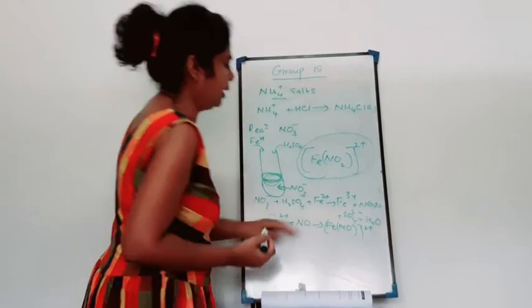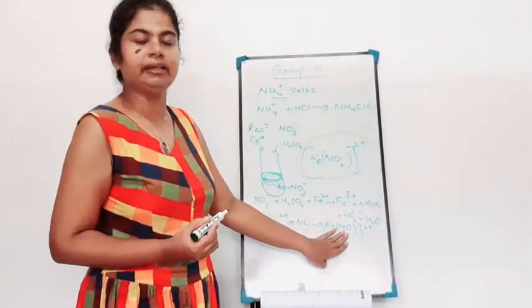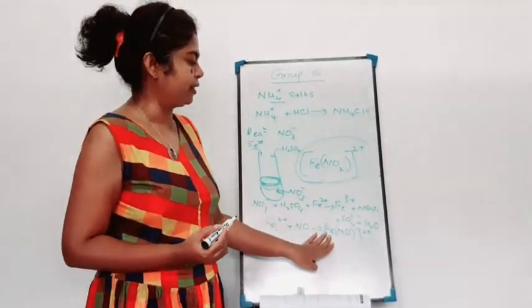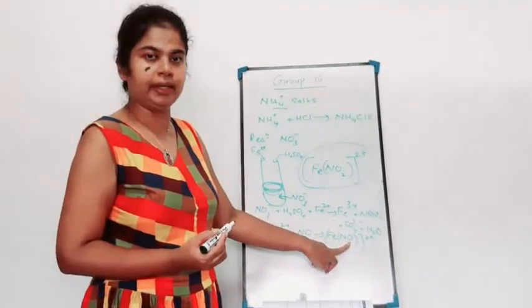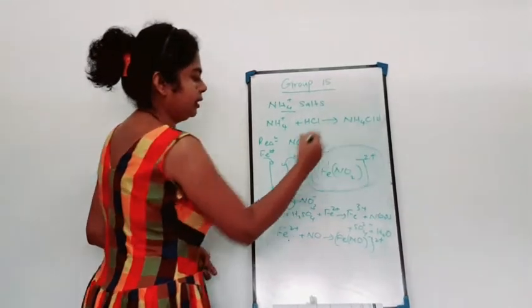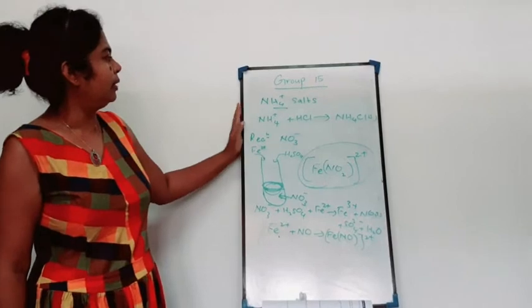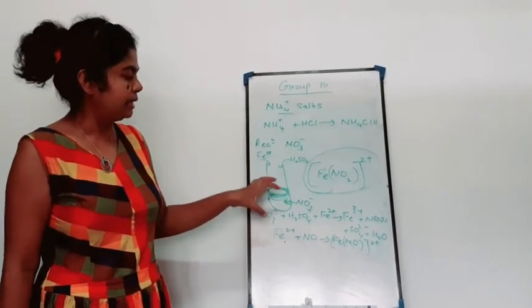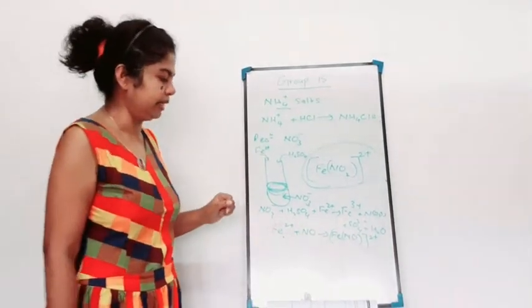NO is a ligand, and Fe2+ remains as it is because NO is a neutral compound. This gives the brown ring, and you can identify nitrate ions.